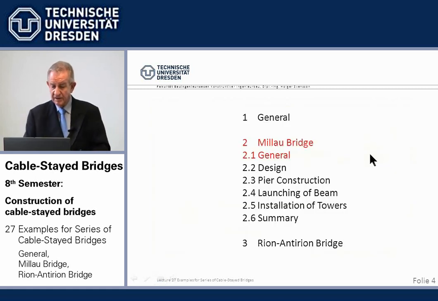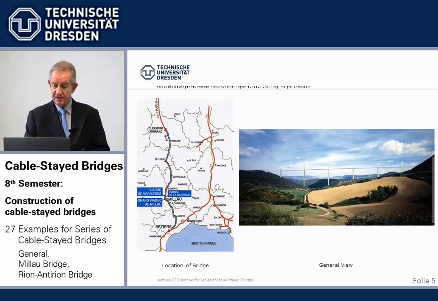Now, we start with the Millau bridge as one example. The Millau bridge closes a gap in the second north-south connection in France. We have here the National 7, Paris-Lyon, and that's the one westwards.